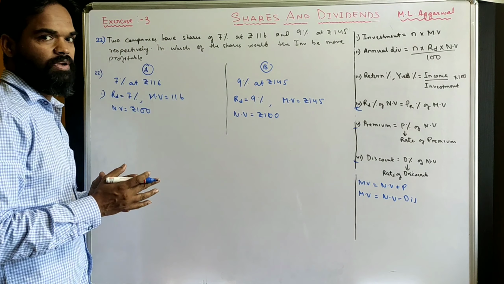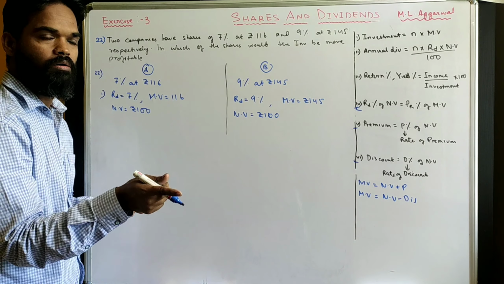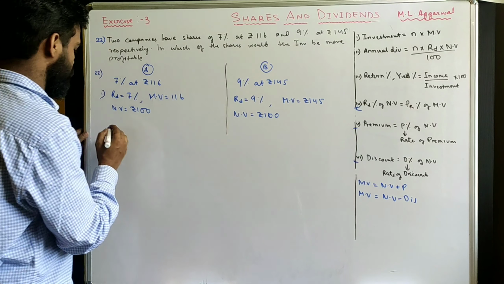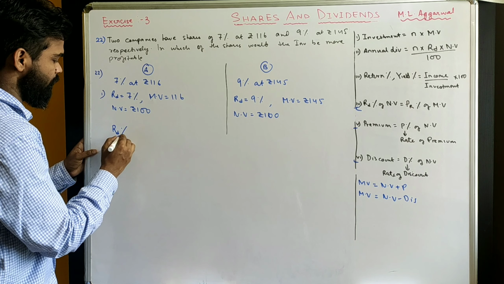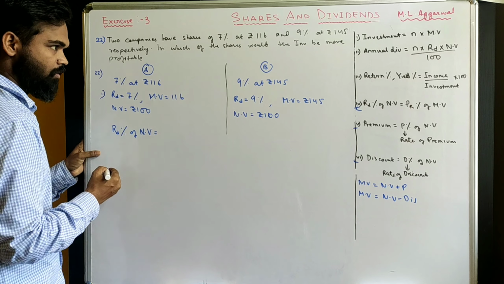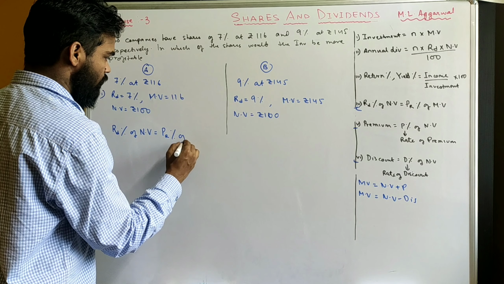Utilize this. We know dividend on one share is RD% of nominal value or PR% of market value. Same thing. Over here I can write RD% of nominal value will be equal to the return percent of market value.